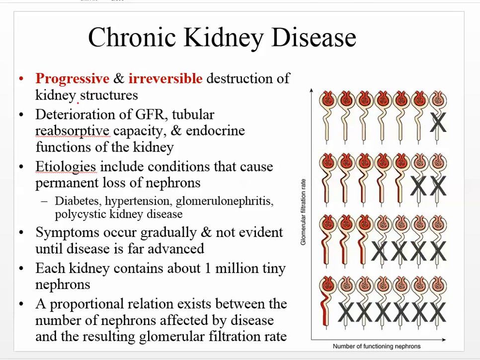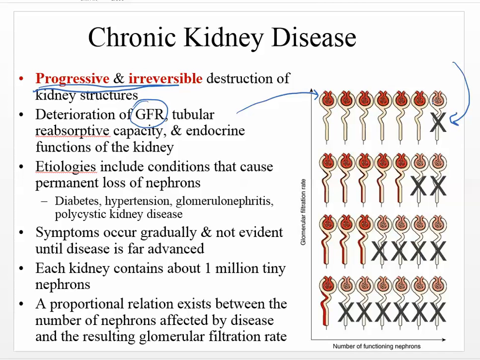Chronic kidney disease: progressive, irreversible, and that's the big difference, isn't it? Destruction of kidney structures, deterioration of GFR, so your GFR goes away. Tubular reabsorptive capacity and endocrine functions of the kidney also deteriorate. And if you look, this graph is showing that you're losing these guys, they're just dropping.